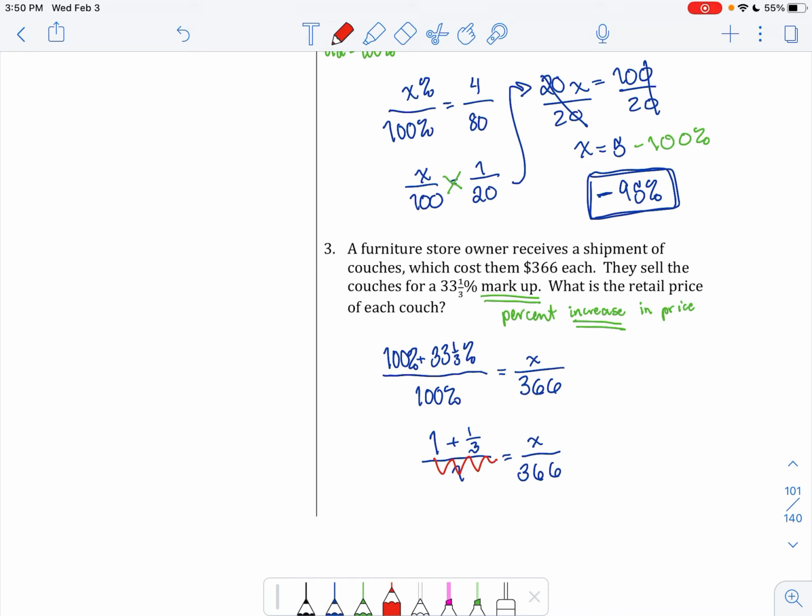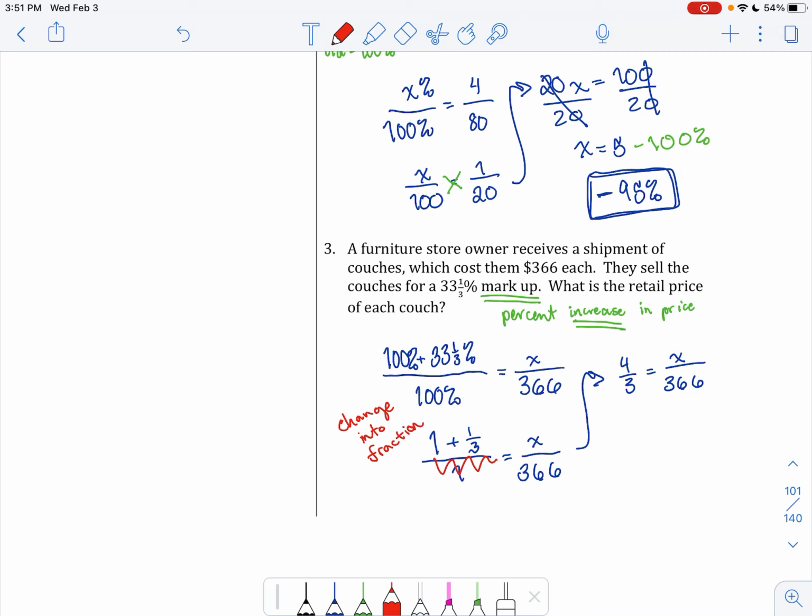Now, we don't usually write divide by 1, so we can drop that. And 1 1/3, I'm going to be real sneaky here, is 4/3. And then x over 366.